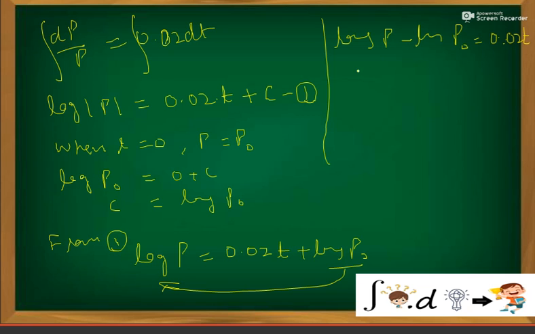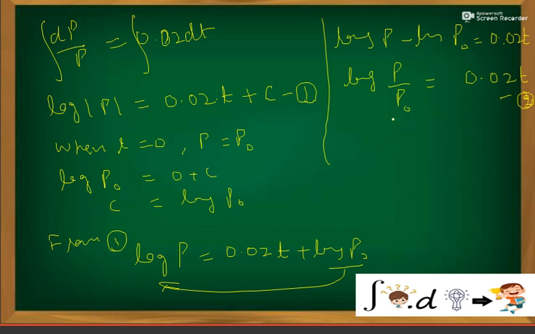Log P minus log P naught becomes log of P by P naught by properties of logarithms, and that is equal to 0.02 t. Is it clear? Say this is equation number 2.